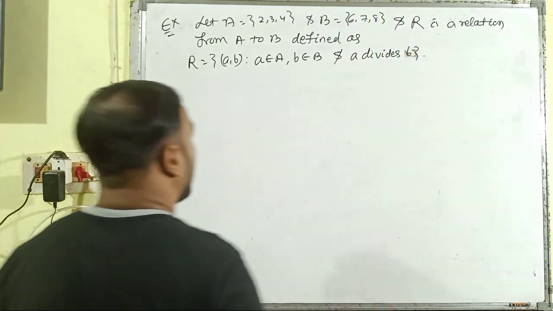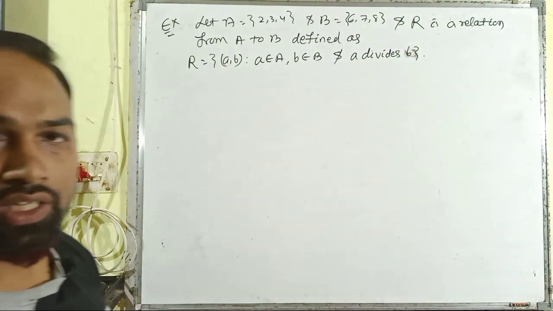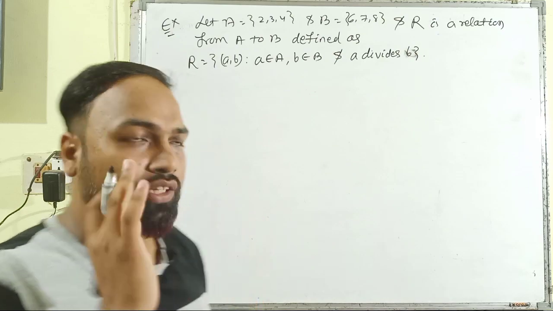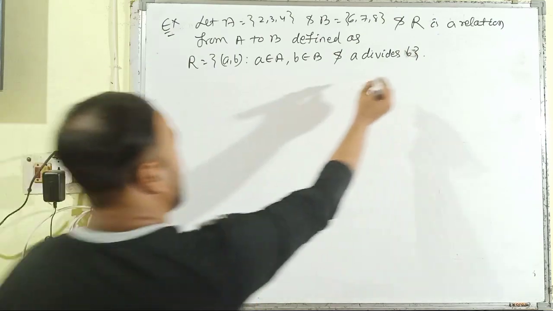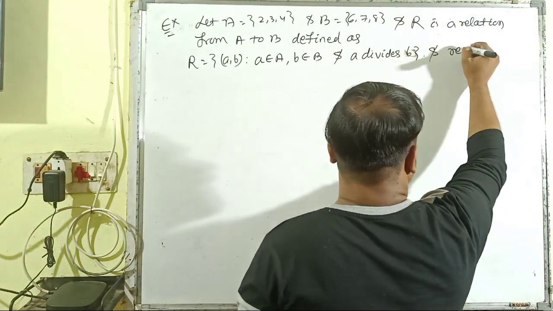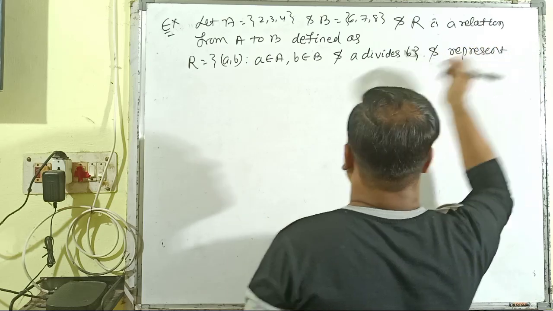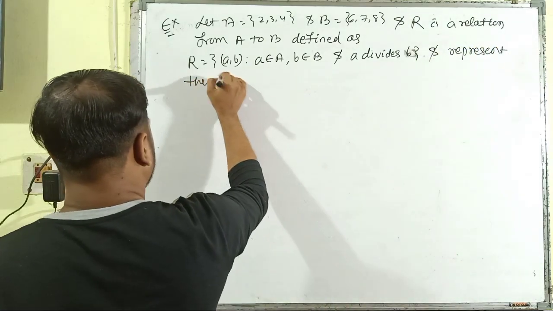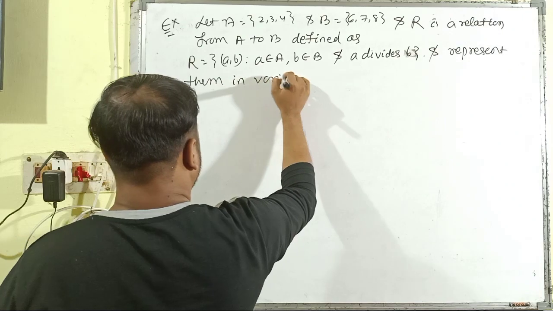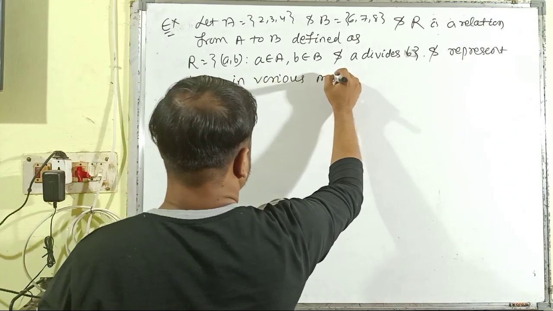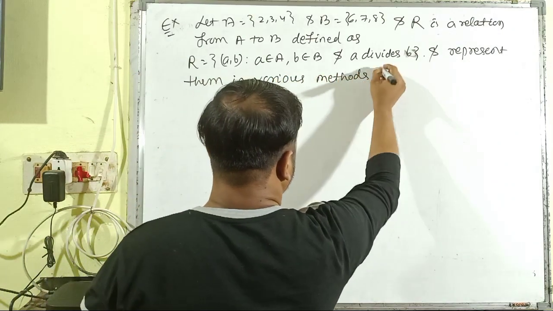That means we have to collect those ordered pairs in which the first component must divide the second component and represent them in various methods or forms.